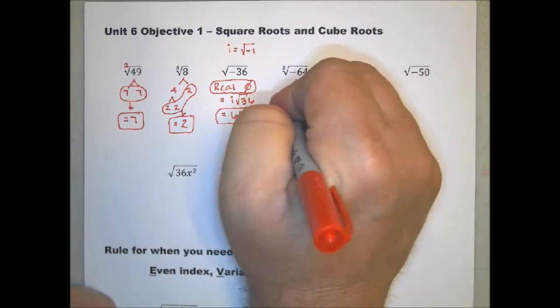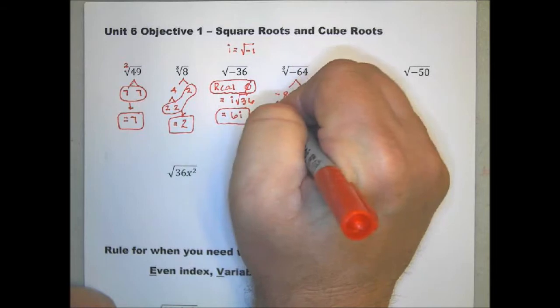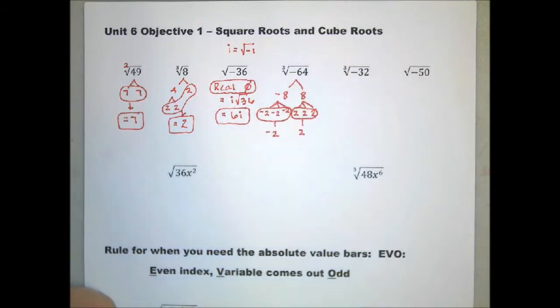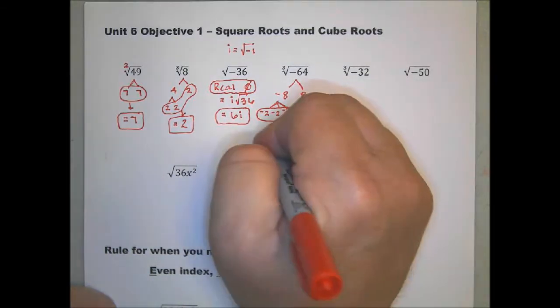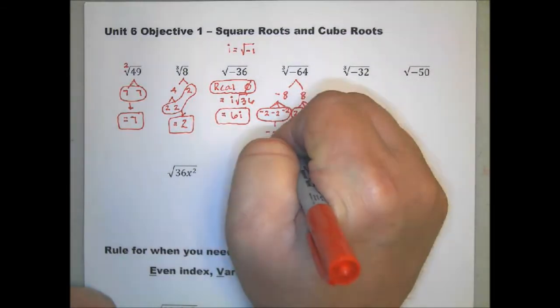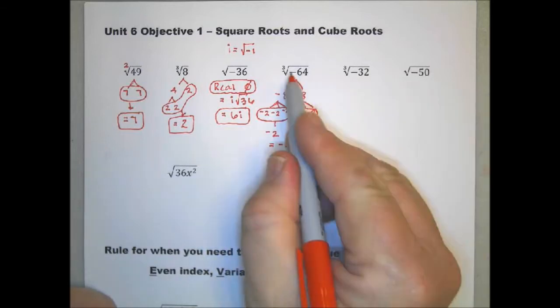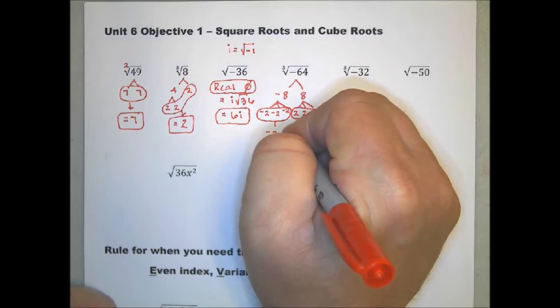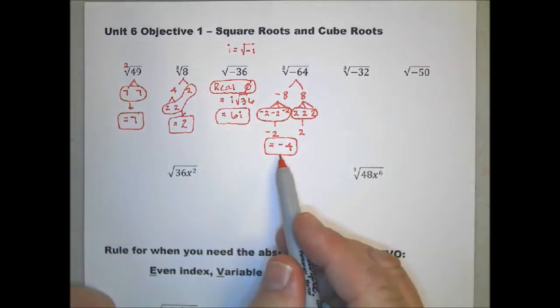We've also found a grouping of 3 negative 2s, so we get one of them. So the negative 2 times the positive 2 is negative 4. So the cube root of negative 64 is negative 4. And the only thing you have to do to check it is, what is negative 4 times negative 4 times negative 4? And it's negative 64.